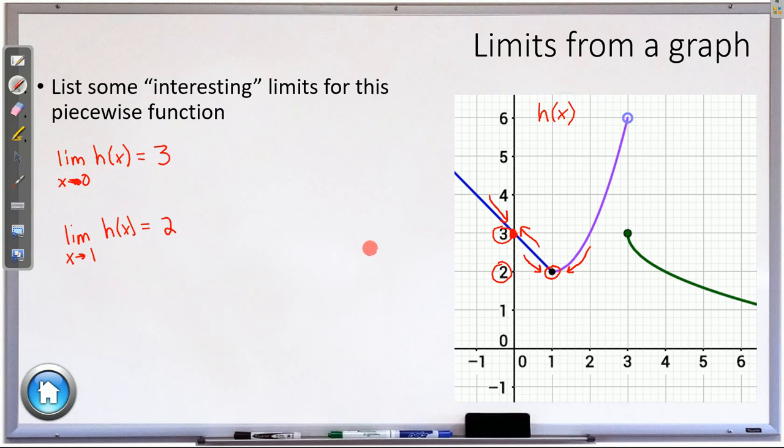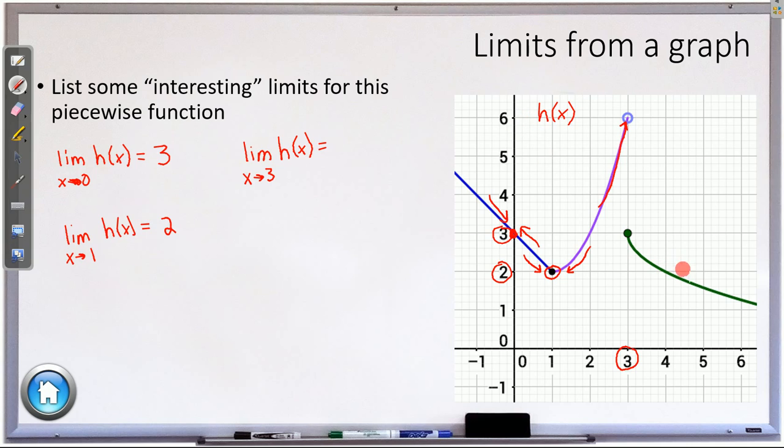All right, one more. Well, actually 3 more, sorry. So the limit, another interesting one, will be when we get closer and closer to 3 of our function. So if we go from the left side and we follow up, we're coming all the way up to 6.